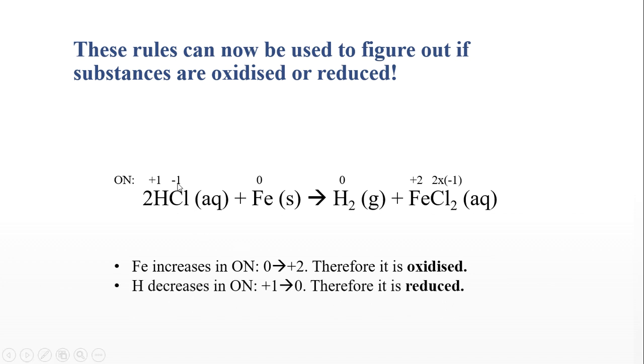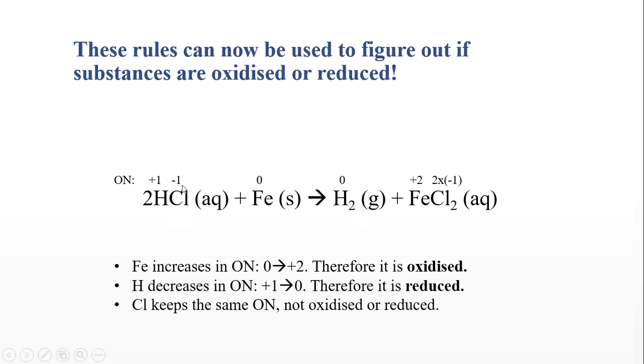Hydrogen. Well, we have hydrogen within this compound here. It has the oxidation number of +1. But then it's going to go from +1 to 0. So it's reduced because we have a decrease in oxidation number, according to the rules that you were supposed to memorize.